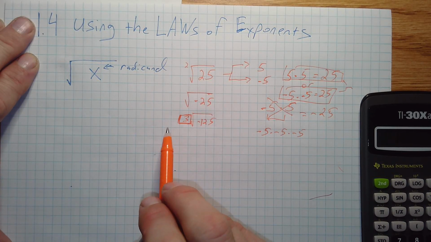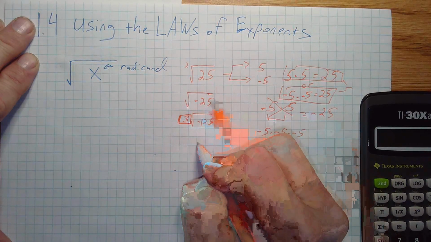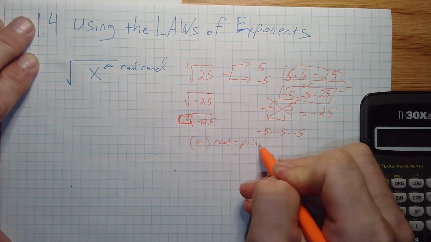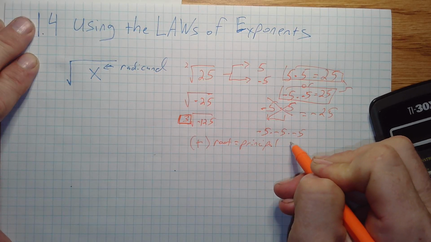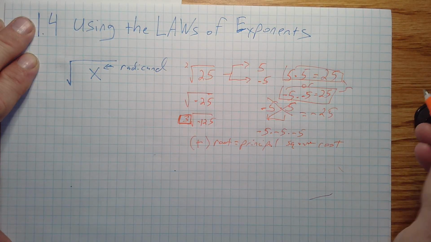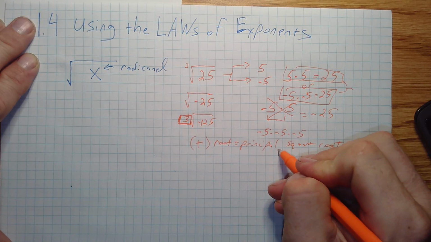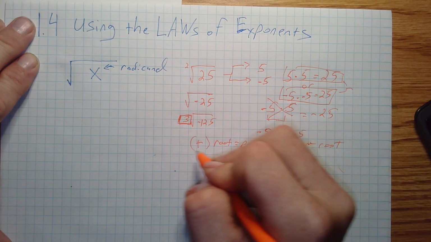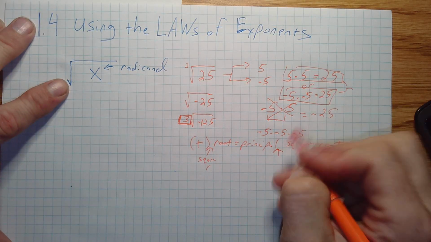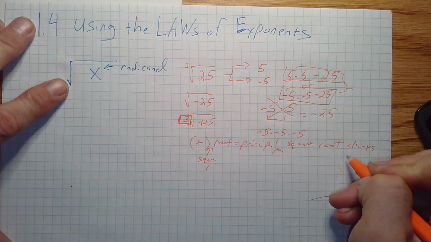A positive root is called the principal square root. The principal root is the positive square root, and it is always positive.